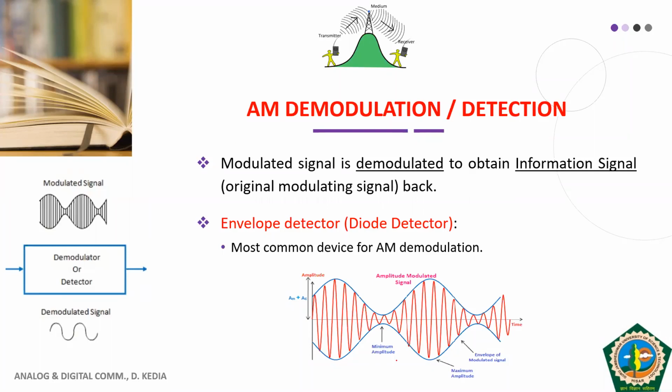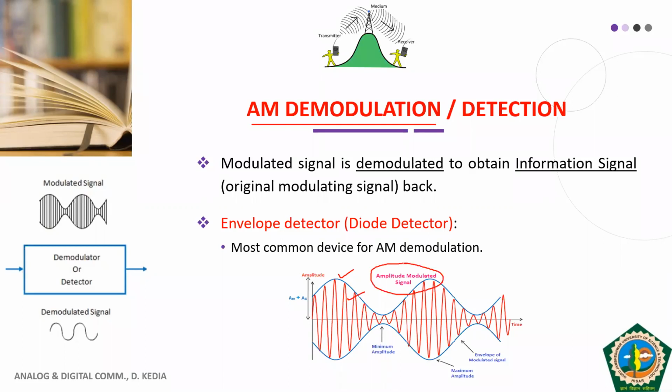Now we need to move to amplitude demodulation. I told you that the main objective of modulation was to take our signal from transmitter to receiver. Once we have done modulation, we have boarded our modulating signal onto the carrier and we get the modulated signal.